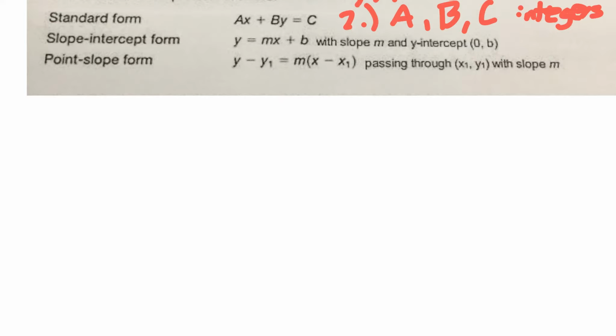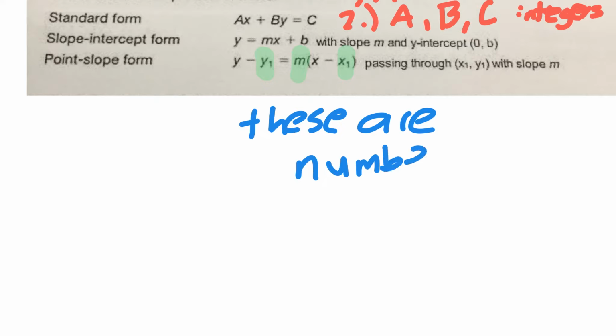And I'm just going to put this on here because people get this mixed up all the time. The y1, the m, and the x1, those will all become a number. The y and the x, let's use a different color.